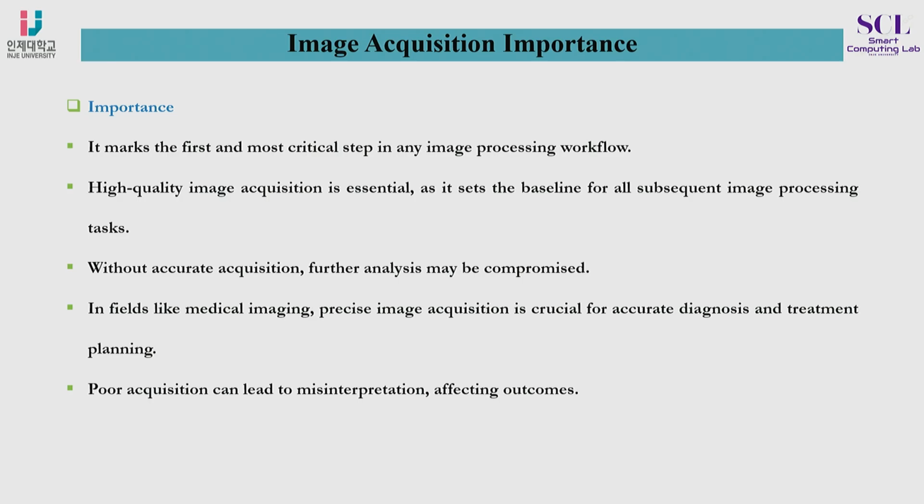So this is very important. Your image source, your image illumination and the image equipment should be of good quality, so that you can capture a high quality image, and the useful information can be captured from the image.